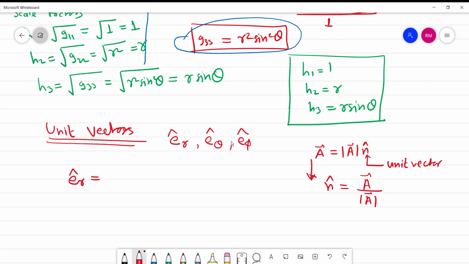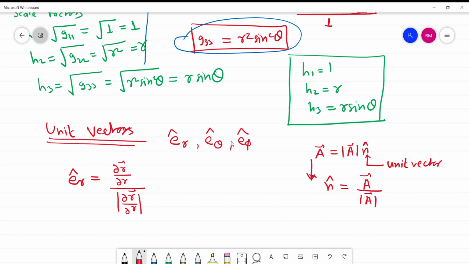So this is what I can do. So similar thing I'm going to do here. I will divide delta r bar by delta r by its magnitude, delta r bar by delta r, right? This is very straightforward. We are just dividing a vector by its magnitude so that we will get a unit vector.